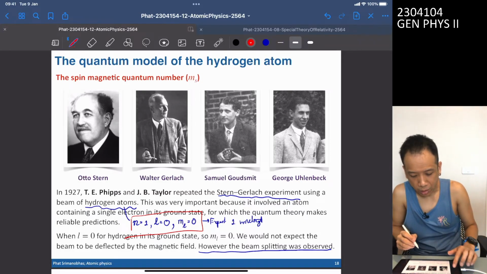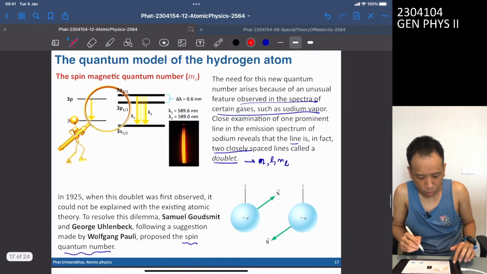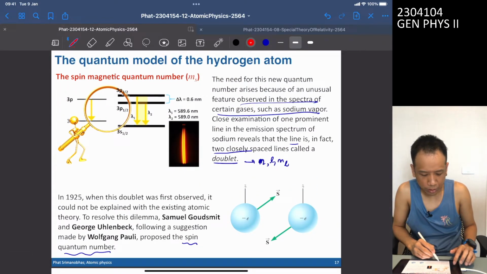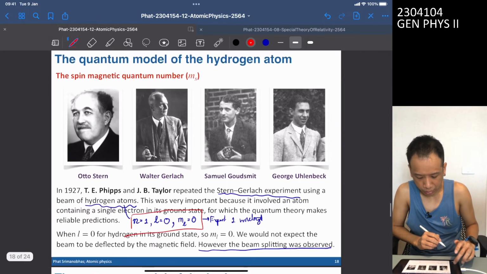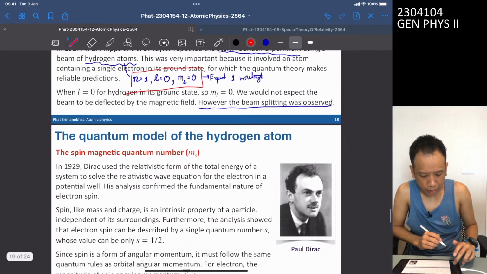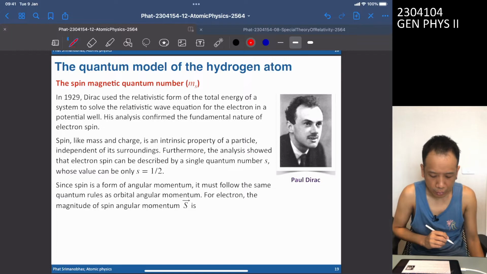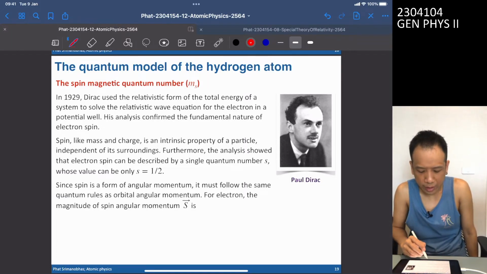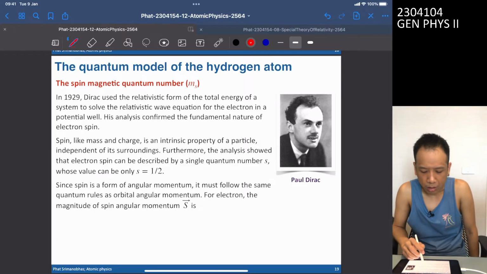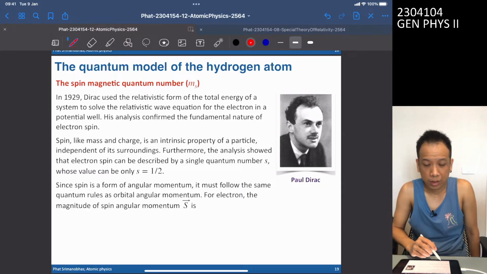And that is the concept that Goudsmit and Uhlenbeck introduced. It's the concept of the spin. Then 4 years later, Paul Dirac, when he used the relativistic form of the total energy to solve the problem, found that the spin came out.